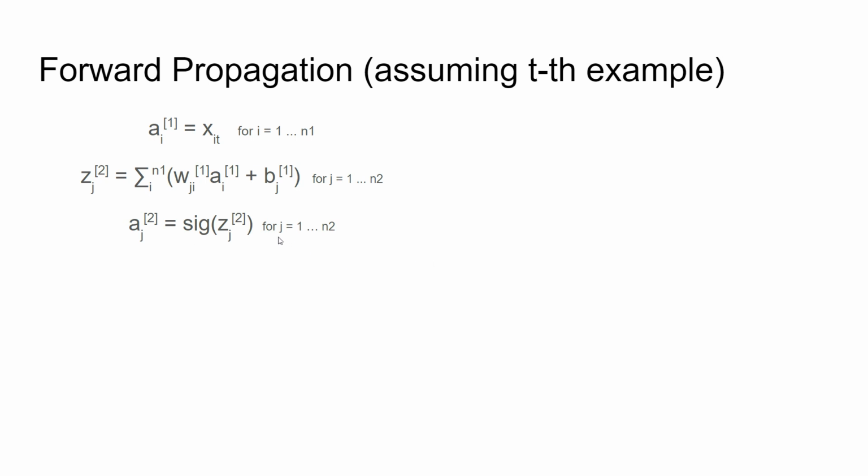That is, we are applying the sigmoid function on each element of z2, and we are getting aj2. Similarly, zk3 is obtained by summation over j to n2 of wkj2 into aj2 plus bk2 for k equals 1 to n3.